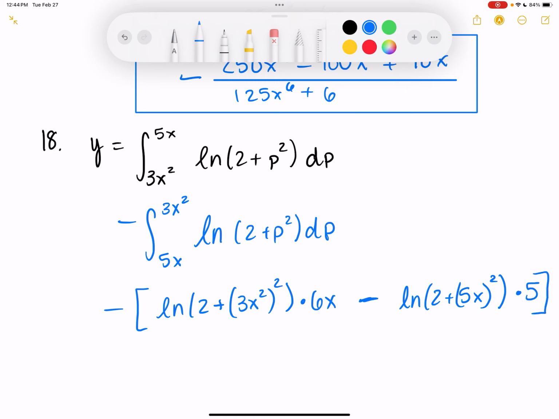So now multiply this negative through. We're going to get negative 6x ln of 2 plus 9x to the 4th. Negative through this part, so plus 5 ln of 2 plus 25x squared.